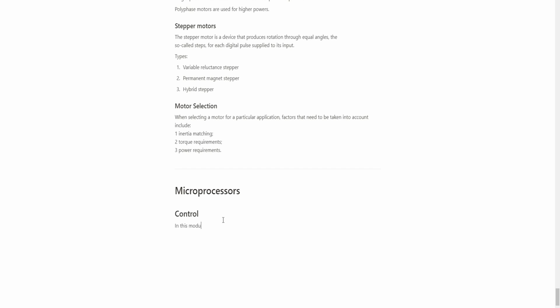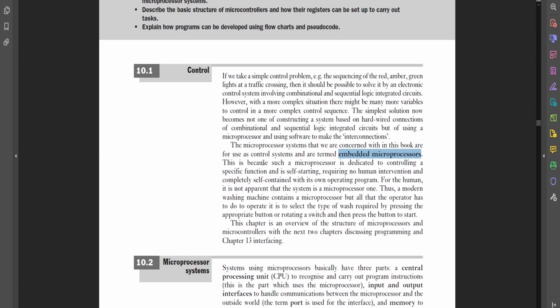In this module, the microprocessors used are termed embedded microprocessors. This is because such a microprocessor is dedicated to controlling a specific function and is self-starting, requiring no human intervention, and completely self-contained with its own operating program. Cool.